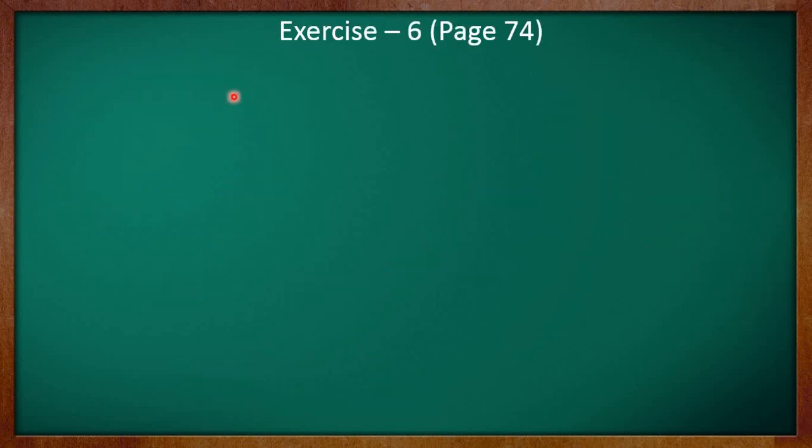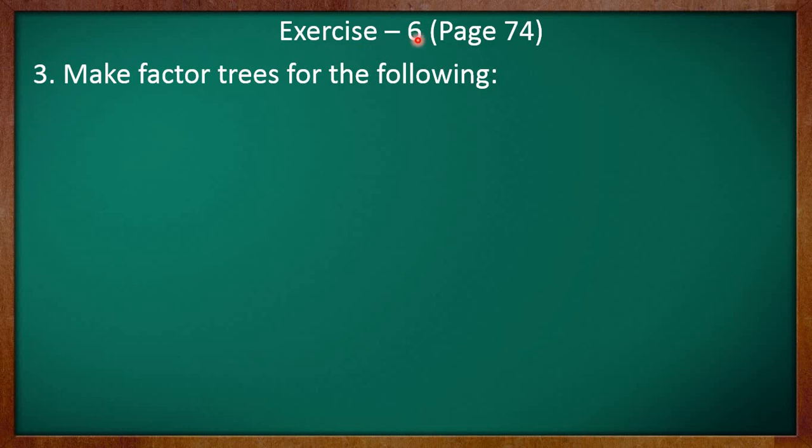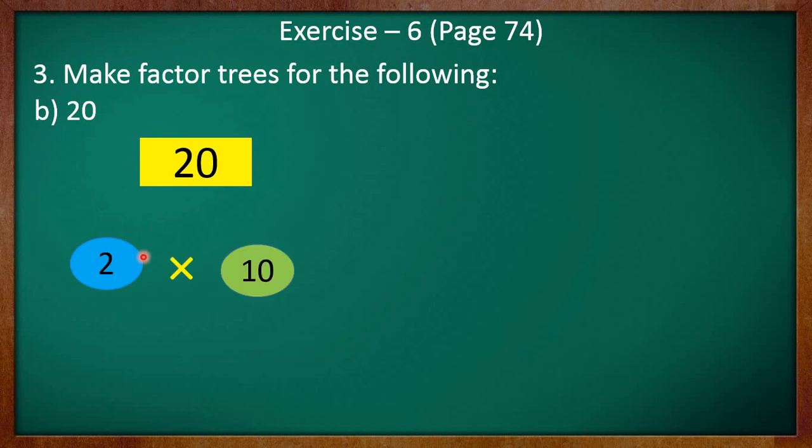Let's now solve question number 3 of exercise 6, which is given at page 74. It says, make factor trees for the following. We will be doing B part and the number given to you is number 20. Now kids, if you look at 20, it ends with 0. That means number 20 is divisible by 2 because it is an even number. So on dividing number 20 by 2, we will get the divisor as 2 and the quotient as 10.